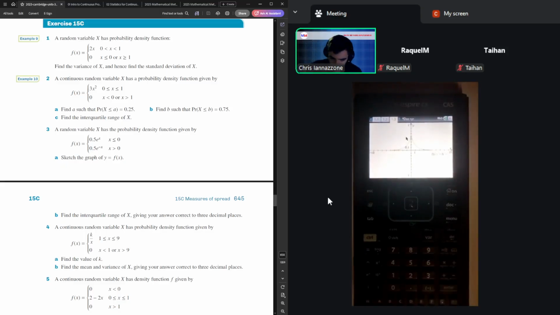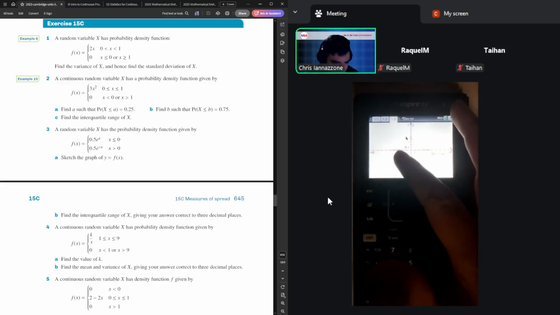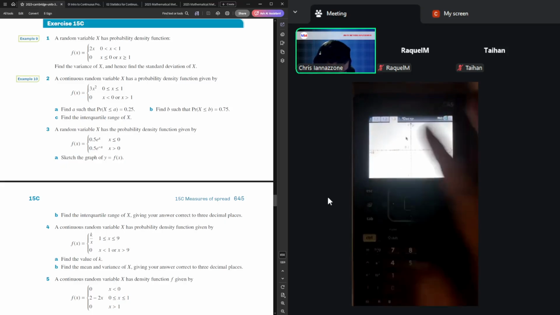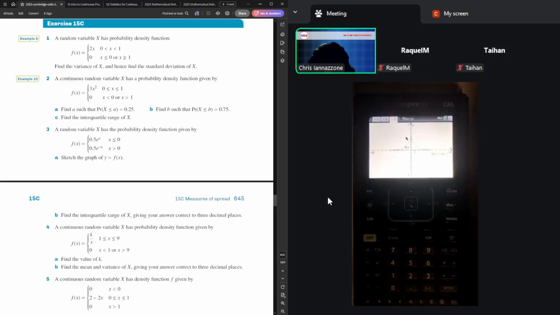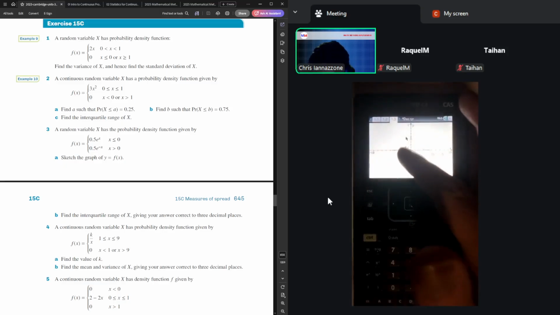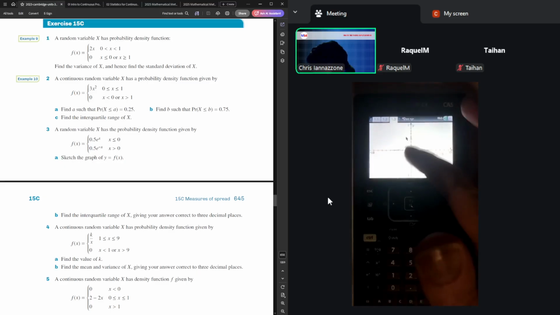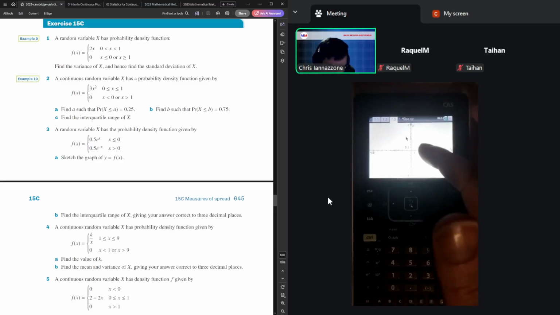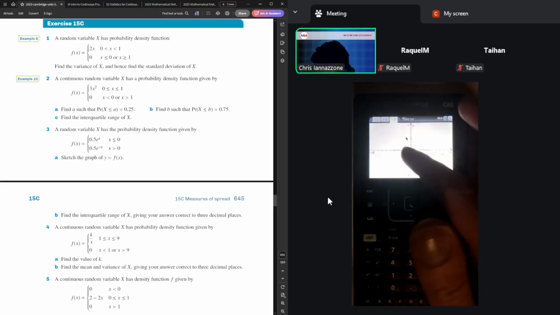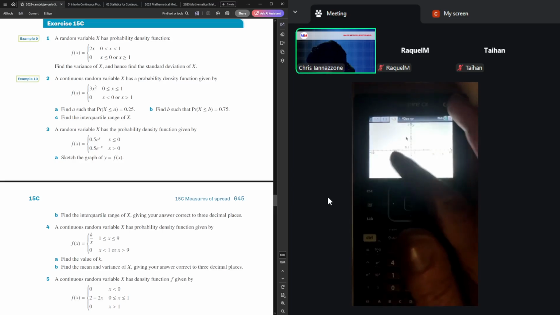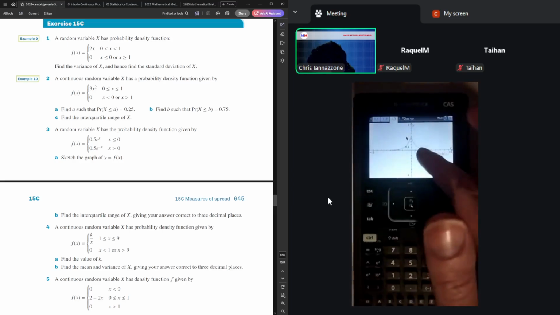The good news is, because of the symmetrical nature of this, you already know 50% of the area is accounted for on this left-hand side. And so if 50% is already here and you want a total of 75%, what you want now is from 0 to some value equaling 0.25 to make up the total. 50% over here, we don't want to use this function at all. We just want to use the right hand side function.